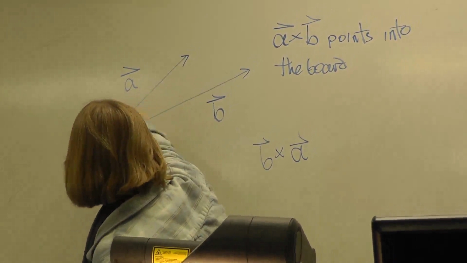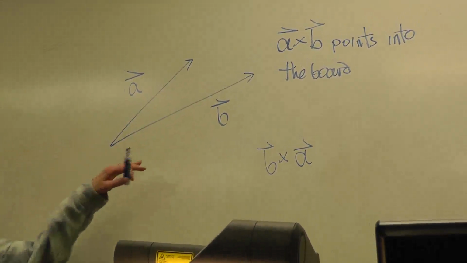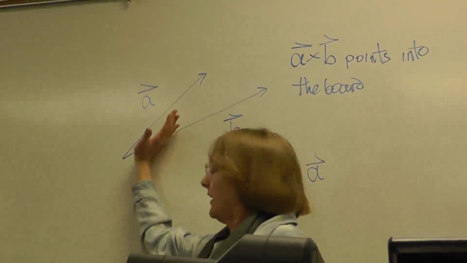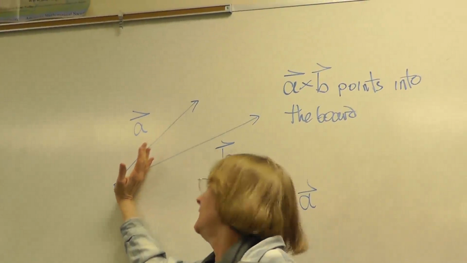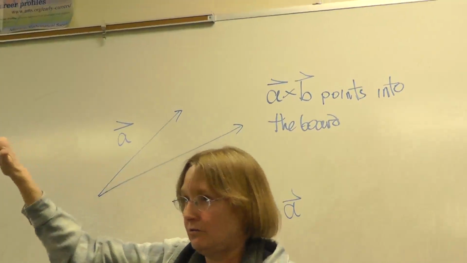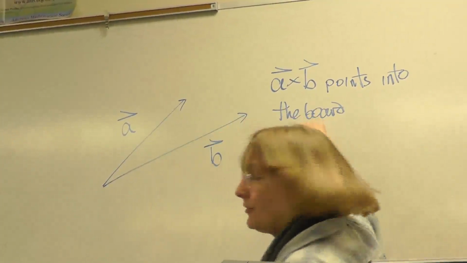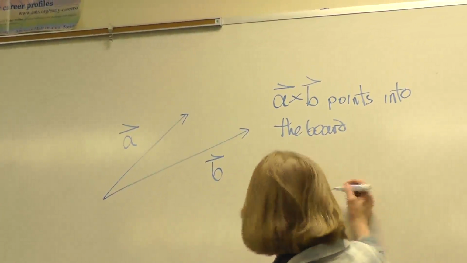If I line them up this way, then my fingers are curling through the bigger angle, so I don't want that. So instead I line my fingers along B in this way, rotate my fingers this way, and my thumb points out of the board, exactly in the opposite direction as up here. Negatives of each other.